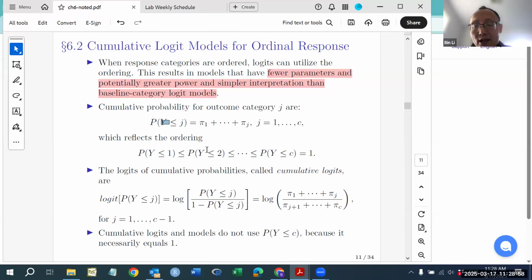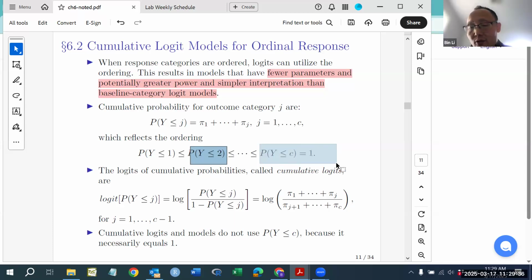Category 1 is the lowest level, category 2 is the second lowest, and category C is the highest level. Then the probability of Y being no greater than 1 is less than or equal to the probability of Y being no greater than 2, and so on to the probability of Y being no greater than C.